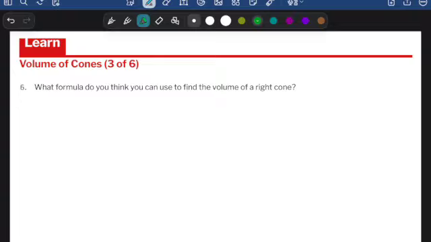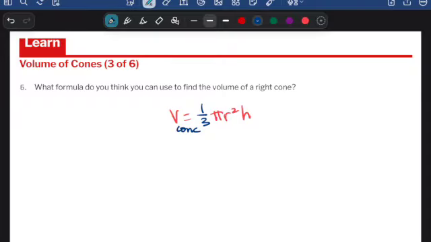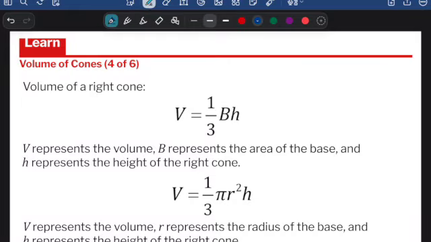Well, we would have to multiply the volume of a cylinder, pi r squared times height, by 1/3 to get the volume of a cone. So there's our formula for volume of a cone, 1/3 pi r squared times the height, and we're going to use that formula to calculate volumes of different cones.